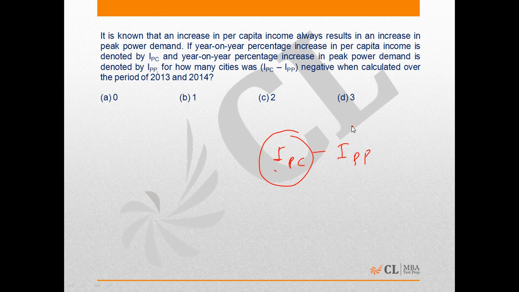So first of all, we have to compute percentage increase in per capita income of the given cities, and then percentage increase in peak power demand, and then see for how many states this difference is negative.